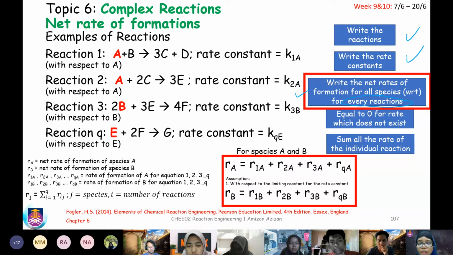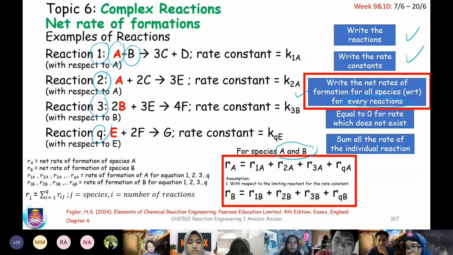We just choose to practice writing the net rates of formation for only 2 species, A and B, but for all the reactions.